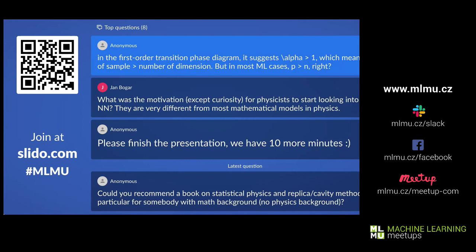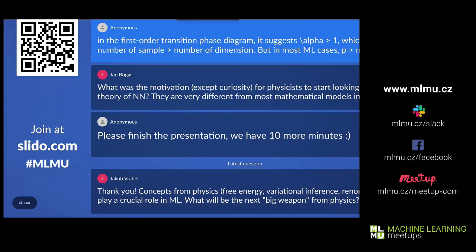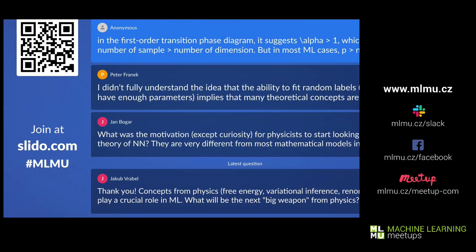But if you stay in this simple case of linear regression without hidden units, then the number of parameters and the input dimension is the same thing. This is not the same in a neural network with hidden units, but in linear regression it is. And so you don't have the distinction between the dimension and the number of parameters.